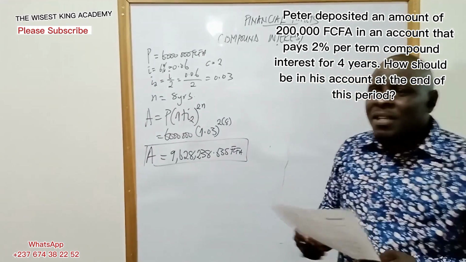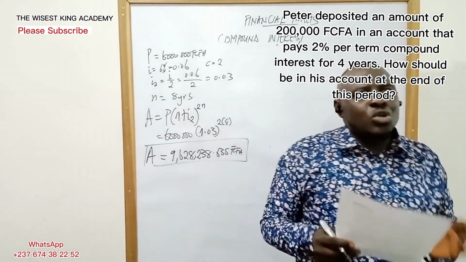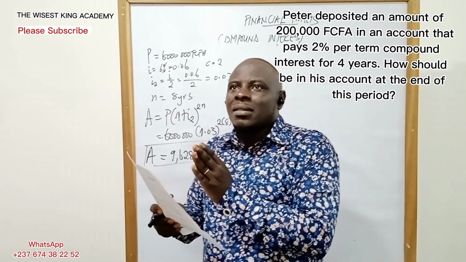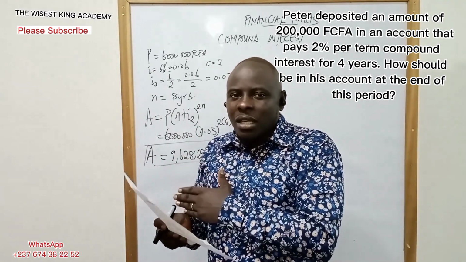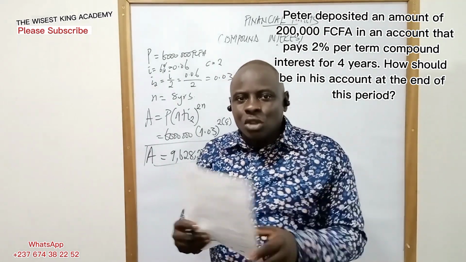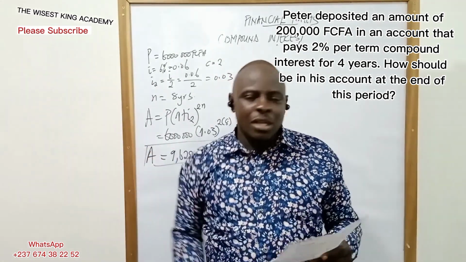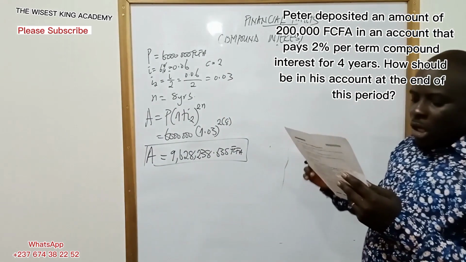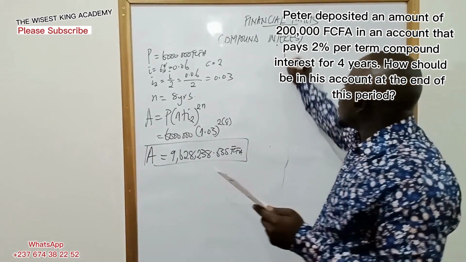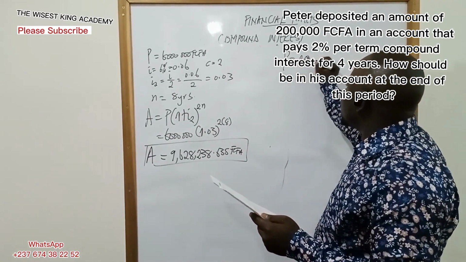Now you discover that the interest rate is not 2% compounded quarterly, but it's 2% per term. So I've already given the termly rate. No need to convert here. So let's look at the way it goes. The capital P is 200,000.